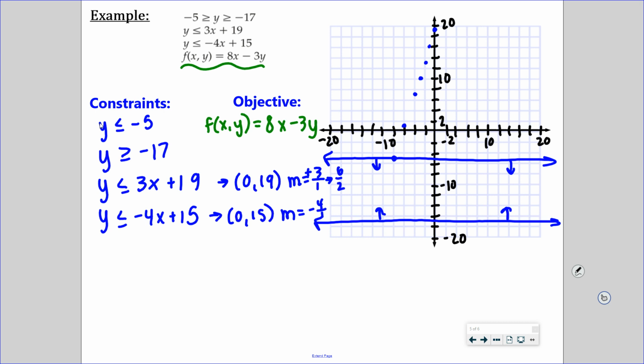Okay, so everybody should be crossing then. If you're doing your slope correctly, it should be crossing this horizontal line at -8, -5. Make sure. And again, I caught myself: this is a positive slope, so you have to go down and left.